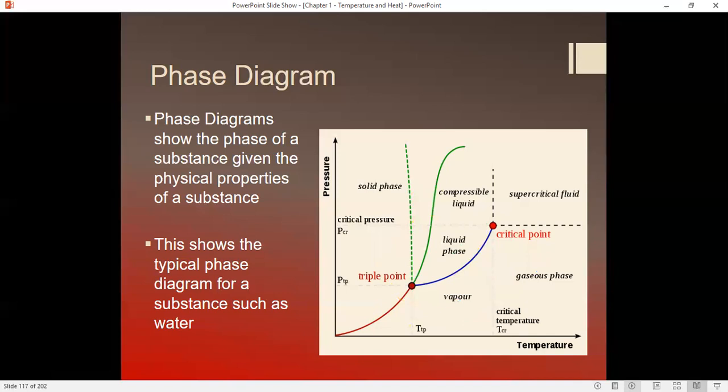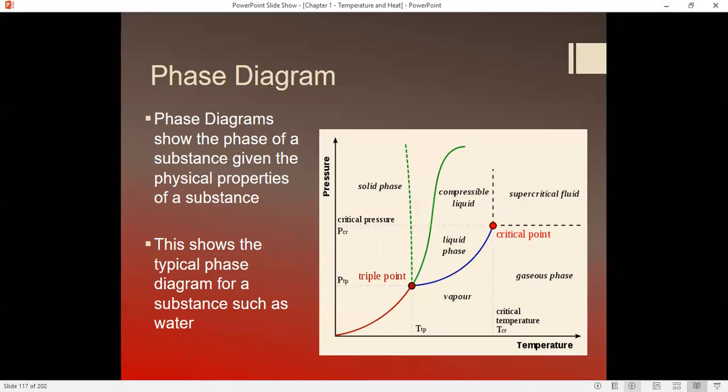So there's going to be a latent heat associated with all these types of phase transitions. And whenever we are going from a lower energy phase to an upper energy phase, that Q is going to be positive. It's going to take energy to pull the bonds apart.